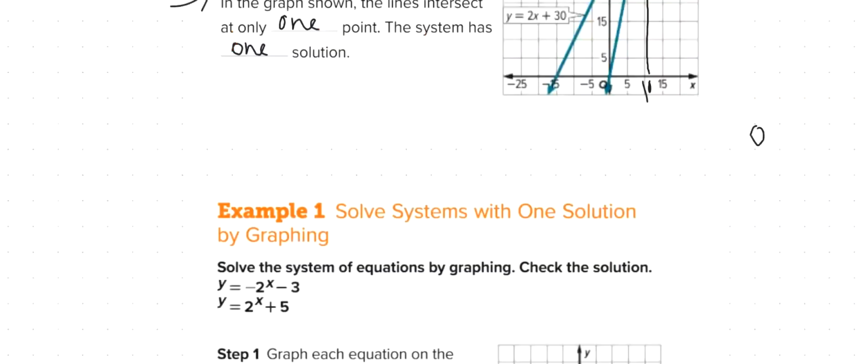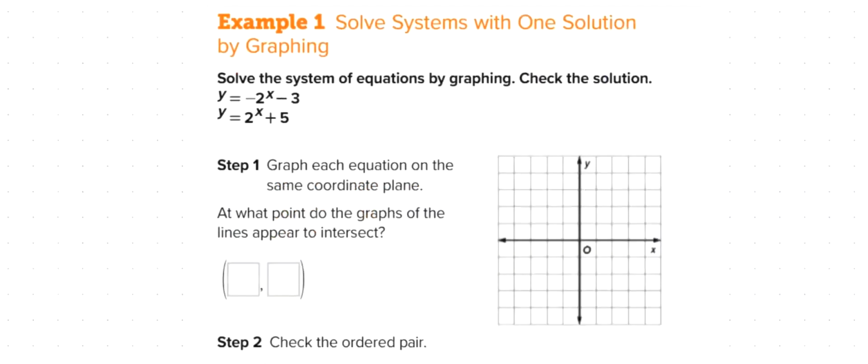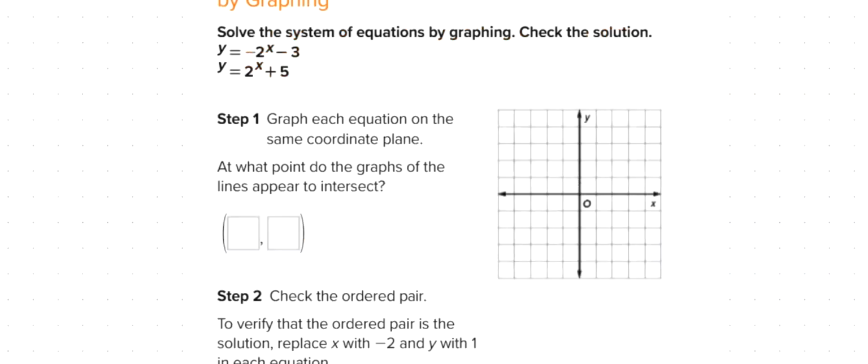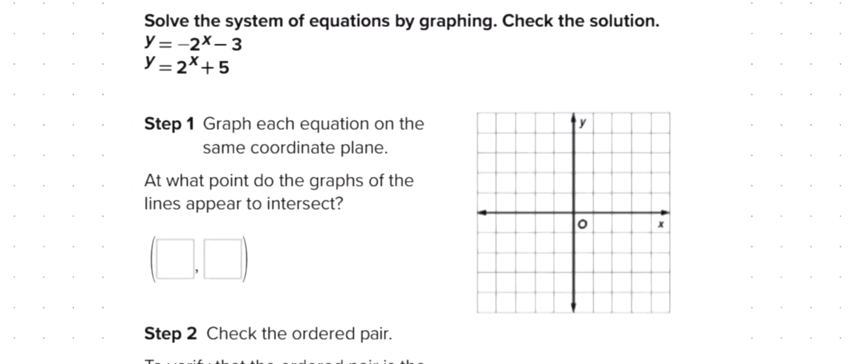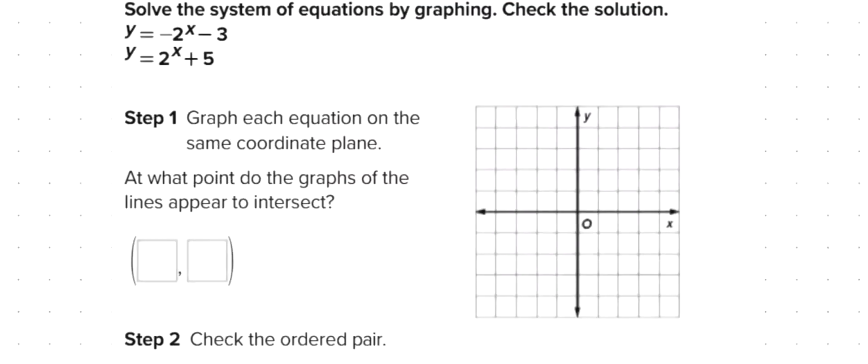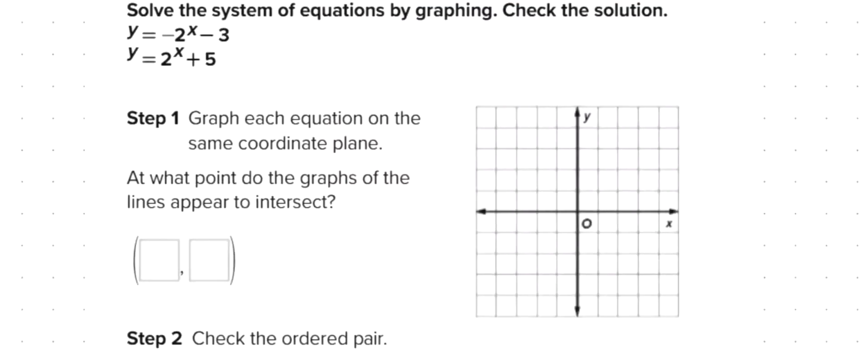Let's do an example to see how we can solve a system of equations by graphing. It says solve the system of equations by graphing and then check your solution. So we need to graph these two equations in the same coordinate plane. If you remember, we need to start with the y-intercept.